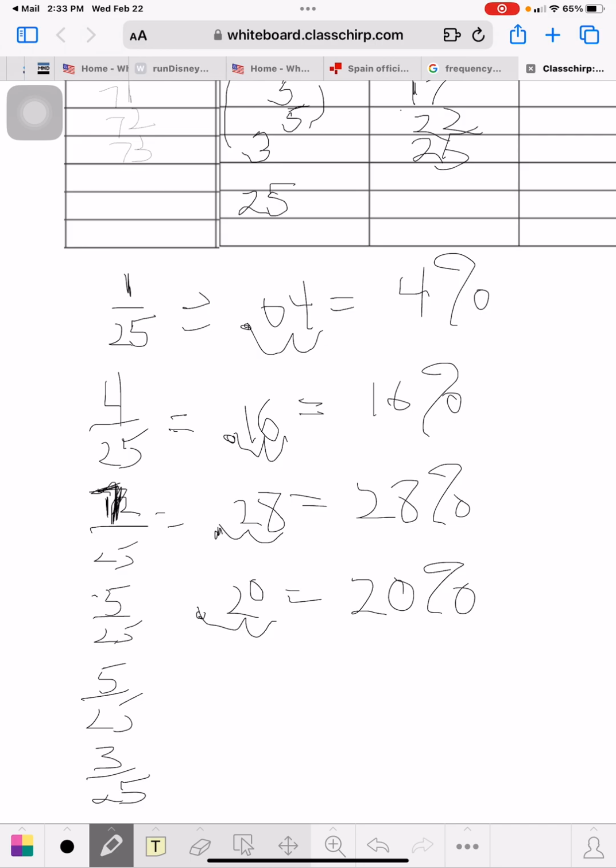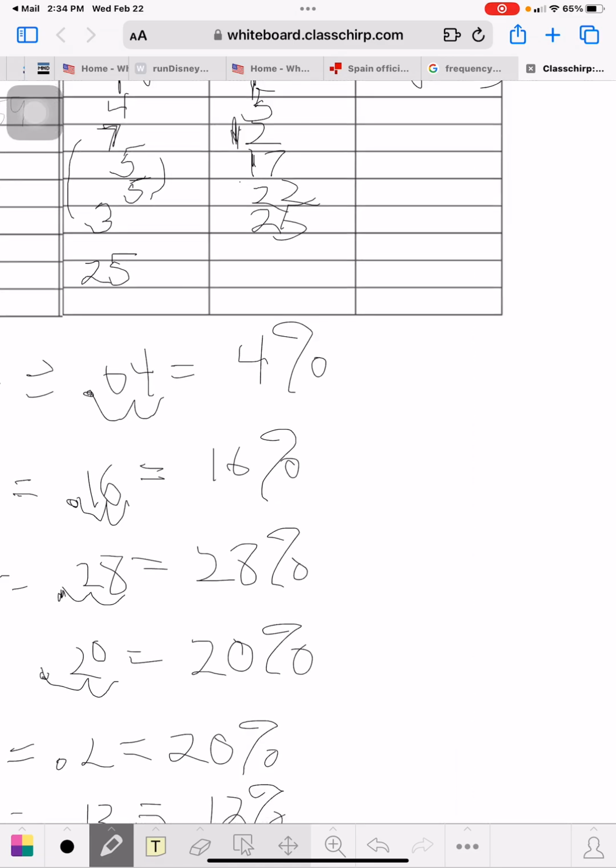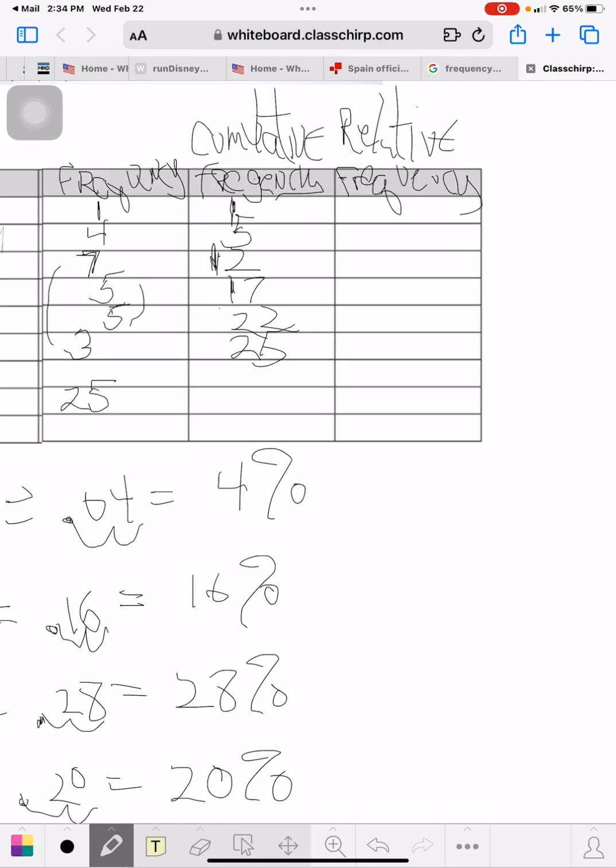The next one's going to be the same. The next one is 3 divided by 25 equals 0.12, 1 place, 2 places, 12%. Now let's pull this down a little, shrink it up there, and I can start filling this in. So the relative frequency of this, 4% of the people, 4%.